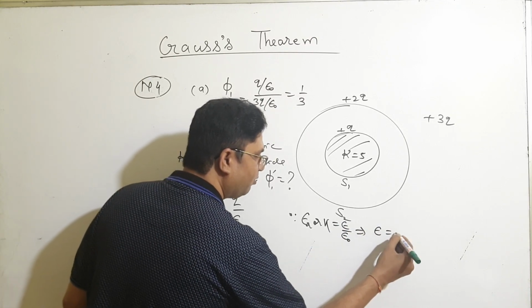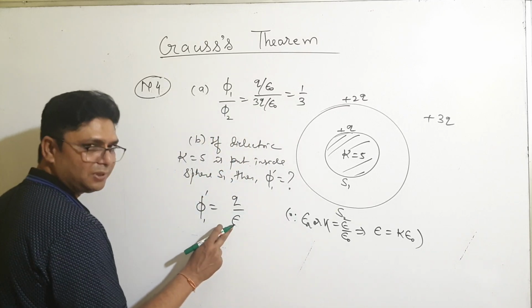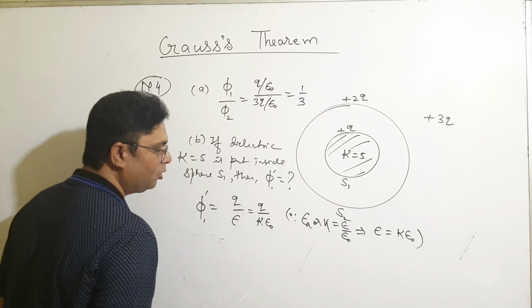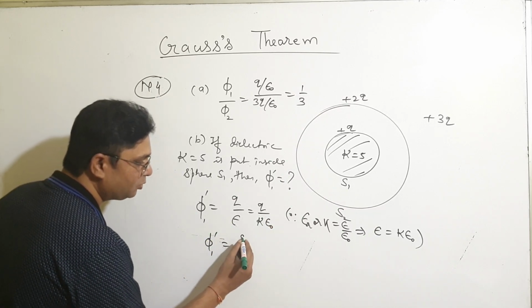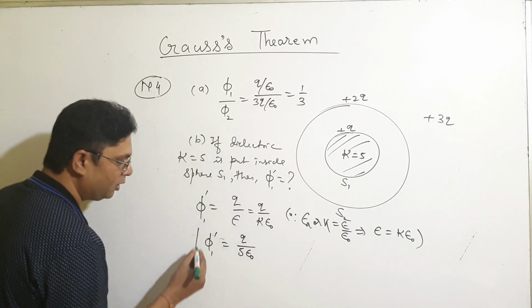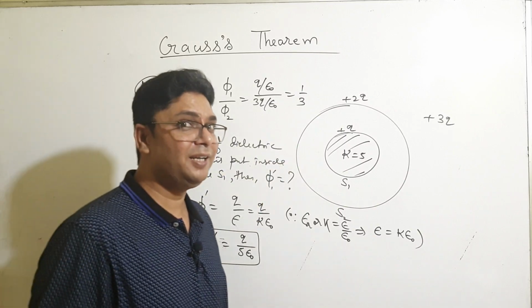So epsilon equals k into epsilon naught. So put the value of epsilon here, which is k into epsilon naught. Now phi 1 dash is equal to q upon 5 epsilon naught. Thus this is the value of electric flux through this sphere when the dielectric is placed.